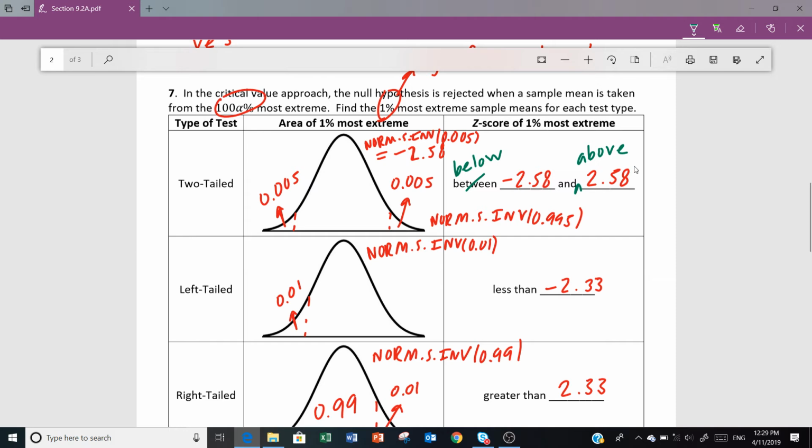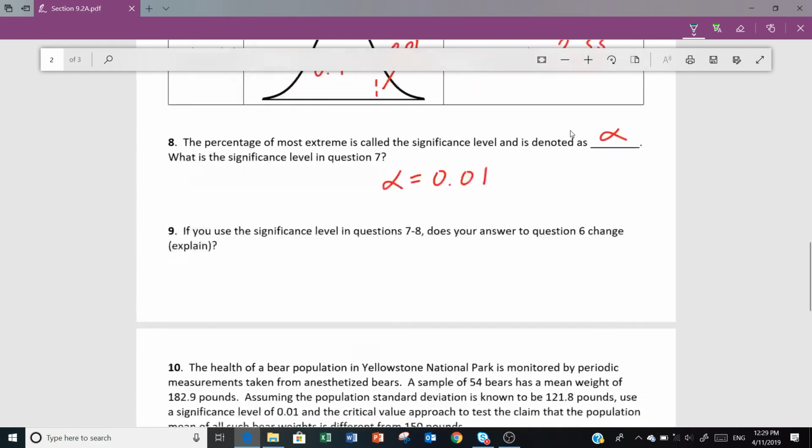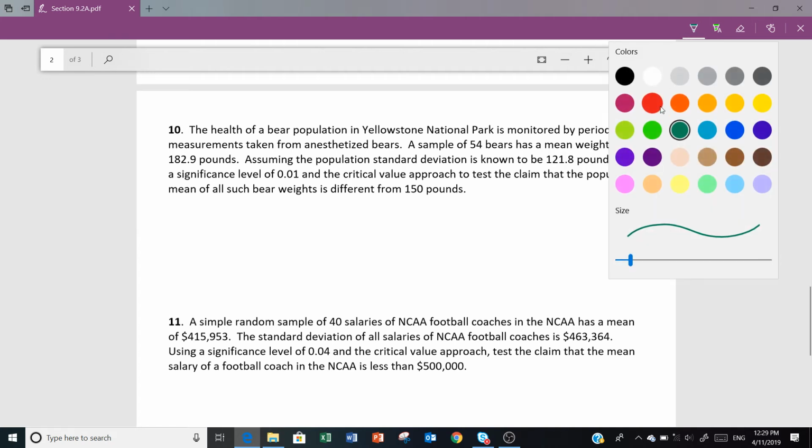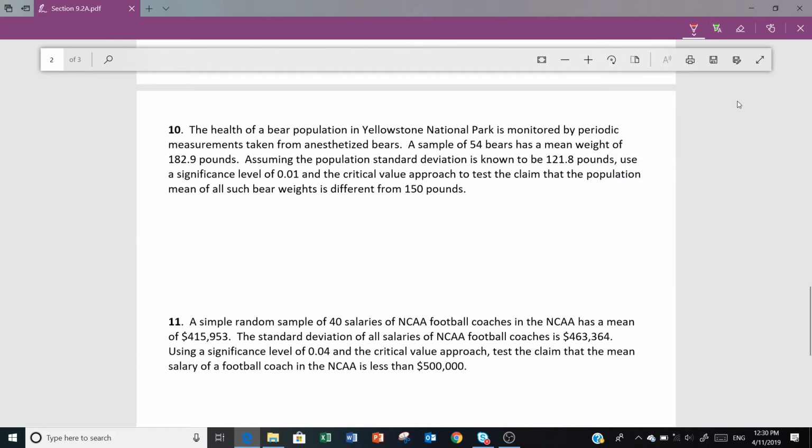We're going to do 2 examples now on these, and we need to get through both of these or the homework is going to be hard. So let's start with number 10. You want to make sure that you do all 4 steps of a hypothesis test. First, you want to set up your null and alternative. And then find the z value, and then is the z-value extreme, that's a big question.